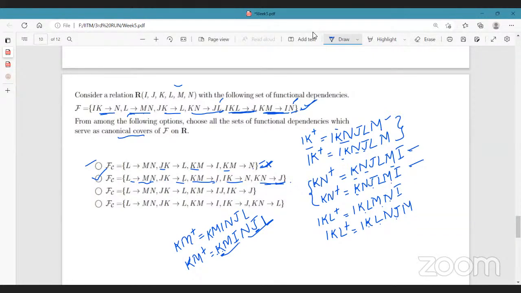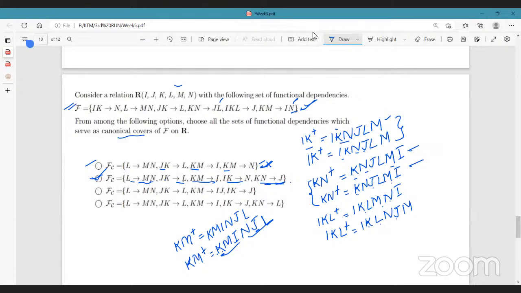So we have to check for each and every attribute closure, right? You can check the closure set of each and every attribute. However, you can also check only the ones which are not present in this canonical cover option. There are certain functional dependencies present in the parent set but not present here.